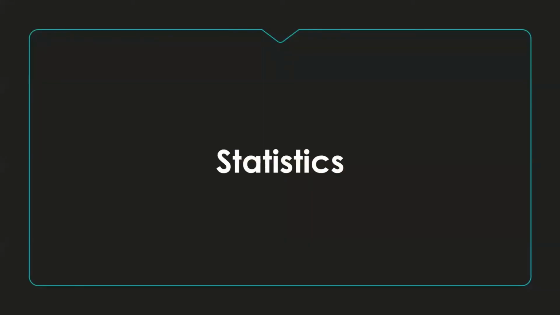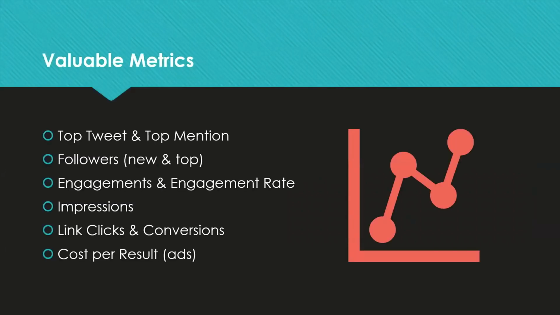Okay, we are nearing the end. Now we're going to talk really quickly about your Twitter analytics. First, some valuable metrics to pay attention to with Twitter, because yes, likes and retweets and all of that are great, but those are often referred to as vanity metrics. These are some of the things that are actually going to yield you some useful information.